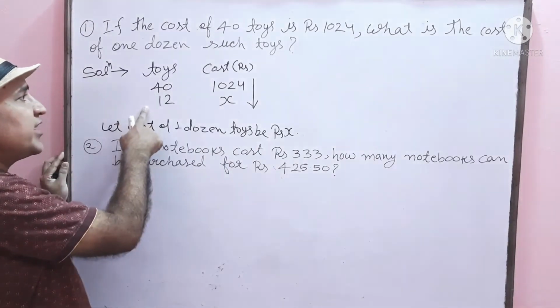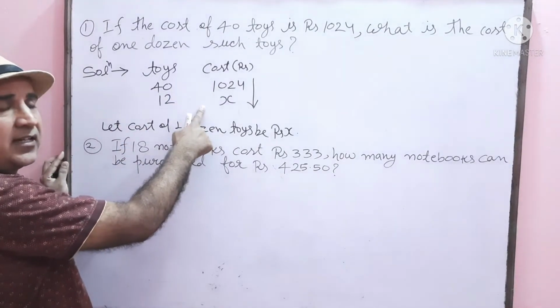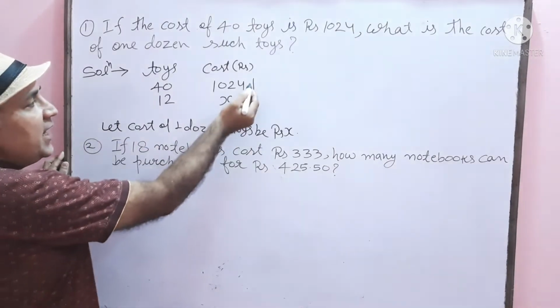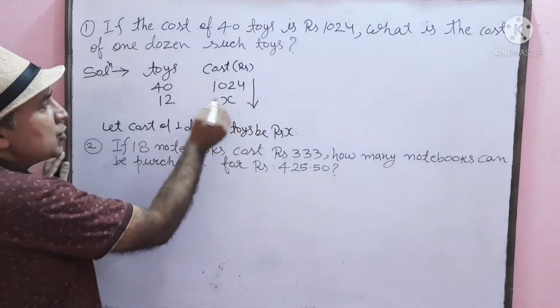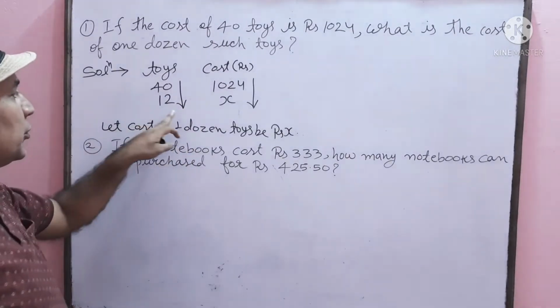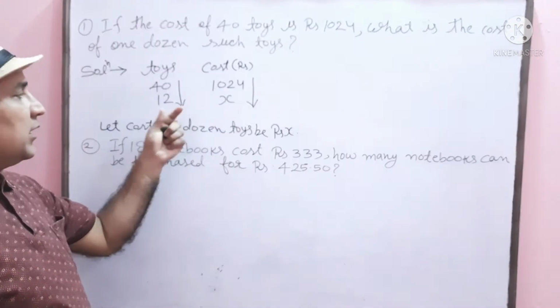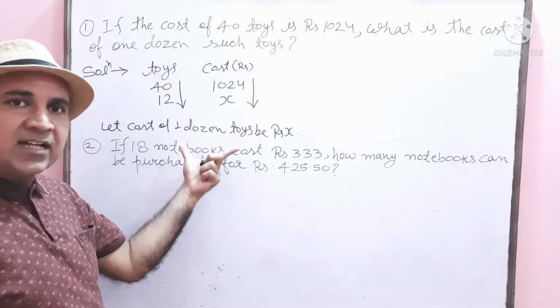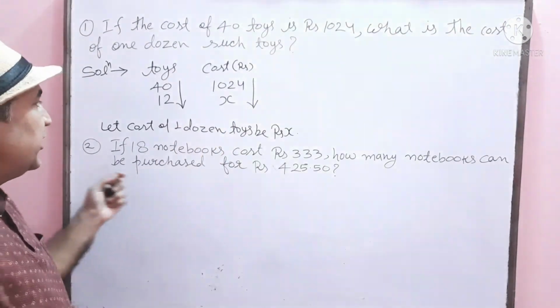So toys are decreasing, so cost is also decreasing, means there is direct variation. We have put this arrow down, so to show the direct variation, we will put an arrow down here also. The direction of the arrow on the same side will show the direct variation.